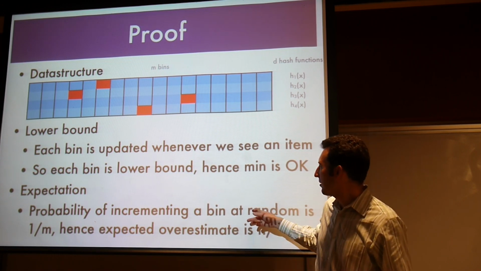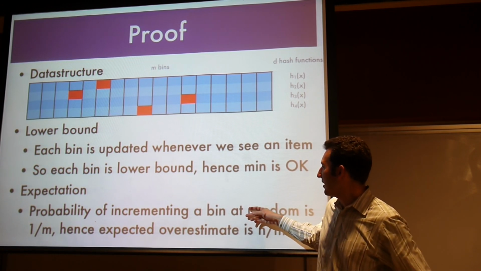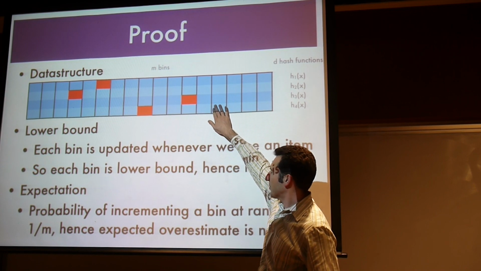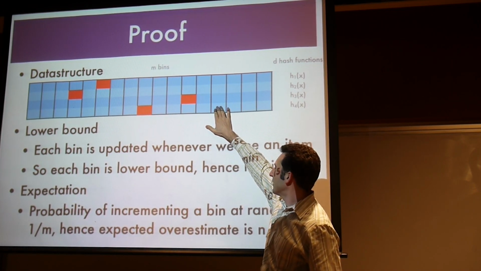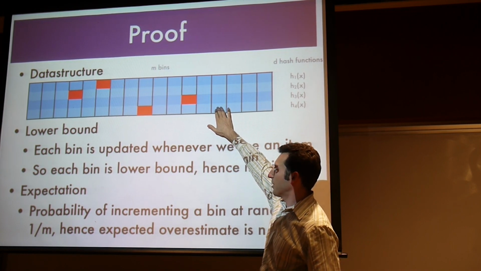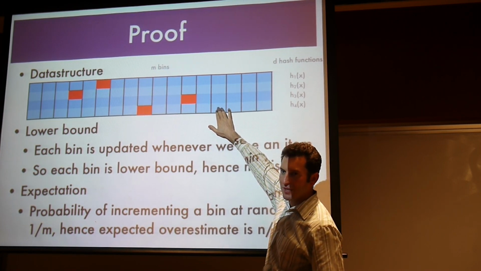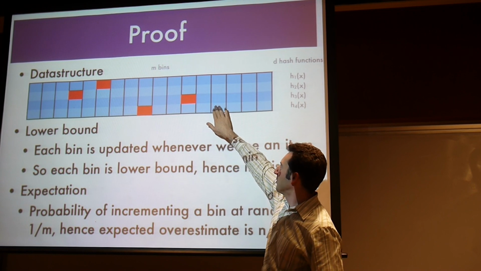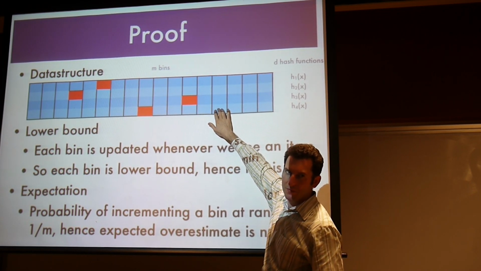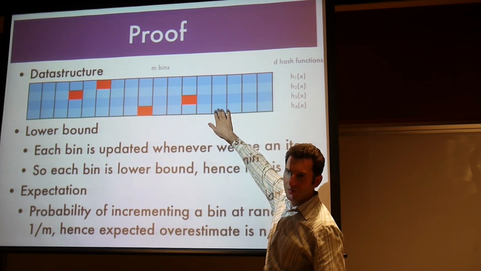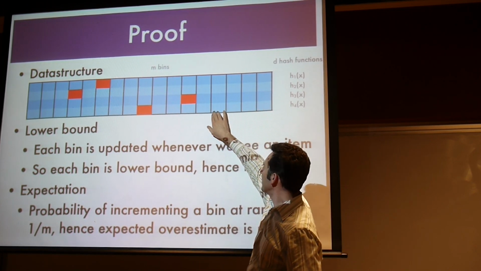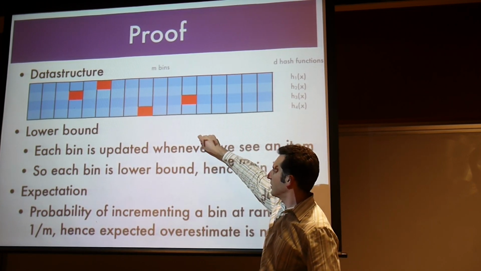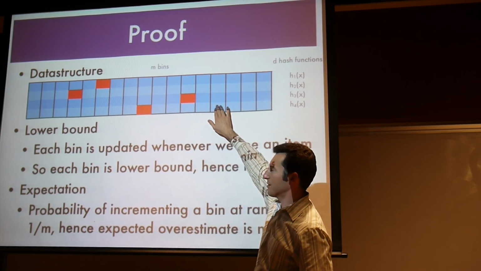So, well, the probability that I increment some given bin, if I have a random insert x, is of course going to be 1 over the number of bins. Because that's the probability that this hash function will put it into this bin. So therefore, in expectation over all hash functions, the increment for a given bin is going to be the number of items divided by the number of bins.